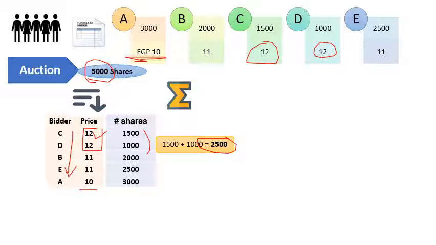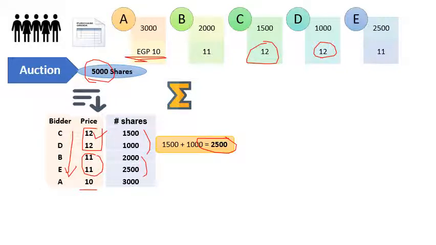So the investment bank must decrease the price per share from 12 to 11. So it will try to decrease the price from 12 to 11 to increase the number of shares it could sell. So at price level 11, it has two requests, 2,000 shares and 2,500 shares, which equals 4,500 shares.